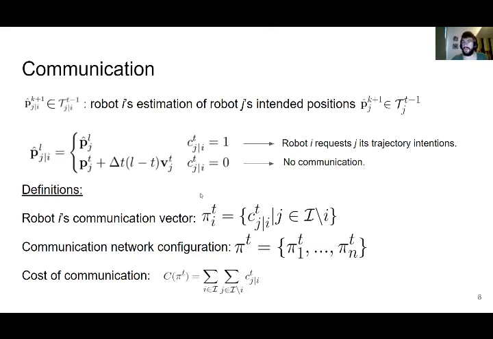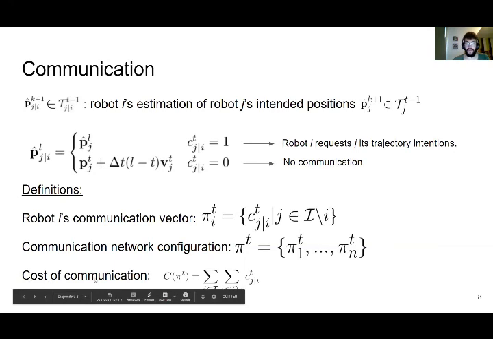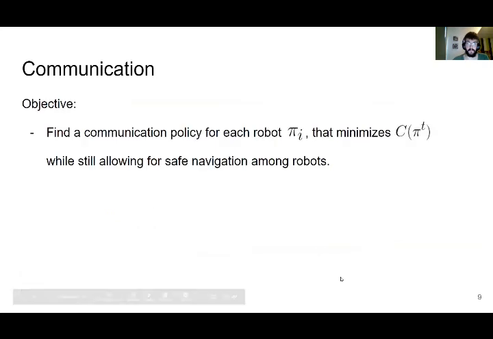However, we have a new question that arises. How do we choose whether we have to request information from other robots or not? Well, to solve this question, we must first define the robot's communication vectors, which is a set of the communication values, meaning all those communication values from robot I towards robot J that explain whether robot I requests information from robot J. We must also define the communication network configuration, which is a set of all the robots' communication vectors, and the global cost of communication, which is a sum of all communication requests at time step t.